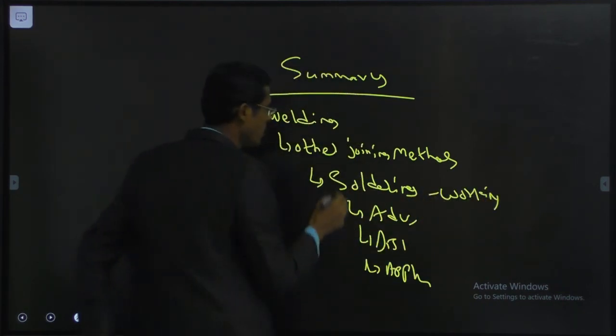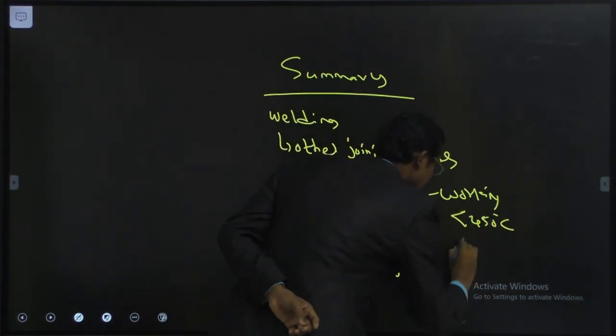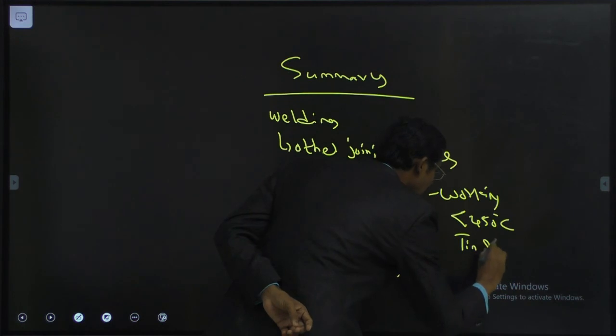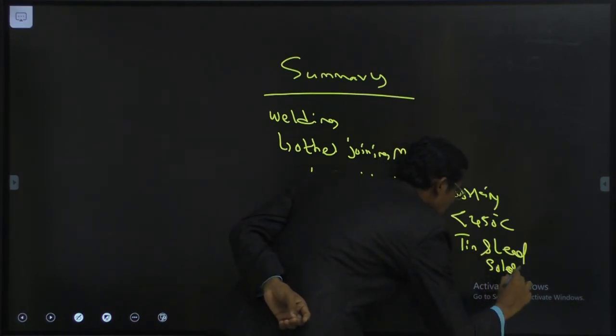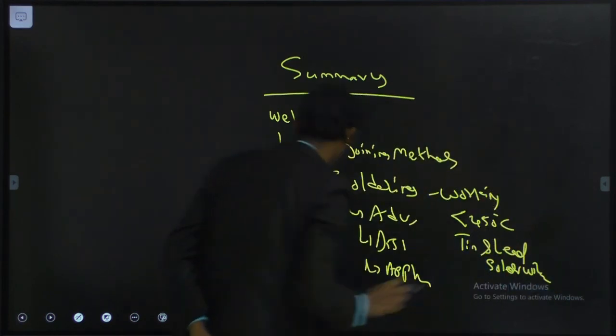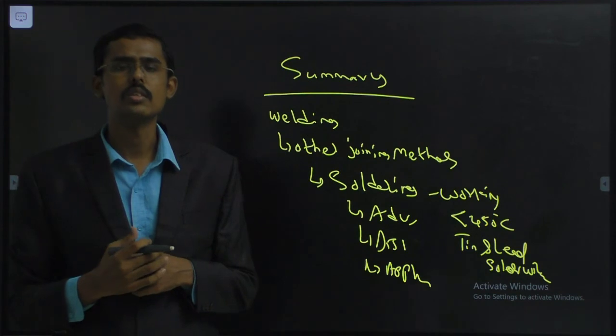What I told you: soldering is done below 450 degrees centigrade with tin and lead soldering wires. Those are the most important factors. The remaining part of the subject we'll see in the next session.